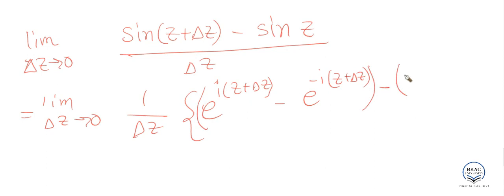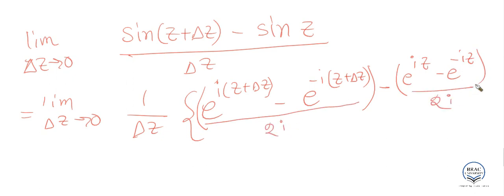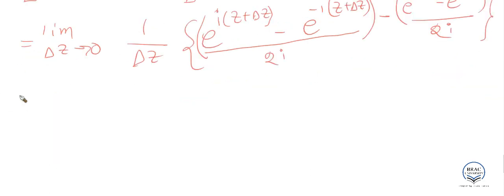So let's try to write sine z, e to the power iz minus e to the power minus iz, and what we need to write down is 2i. There is another 2i, and if you combine them, the next line will be something like this: del z goes to 0.